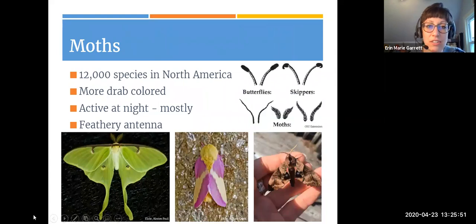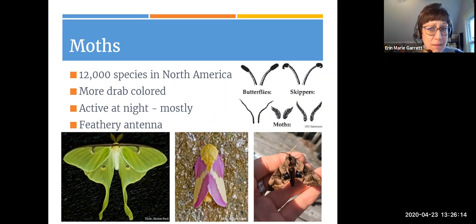Okay, so let's jump over to the moths. And we're going to get another big number here, 12,000 species in North America, several thousand in Illinois, it's thought. In general, people think that moths are more drab colored. I like to show all the examples of the moths that aren't drab colored and that are very colorful that we have.